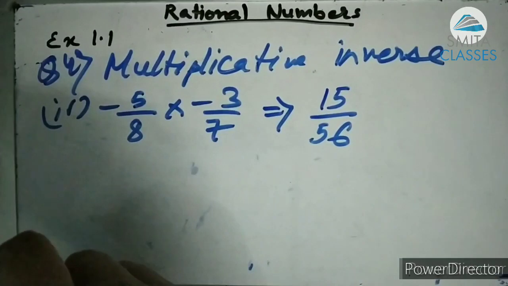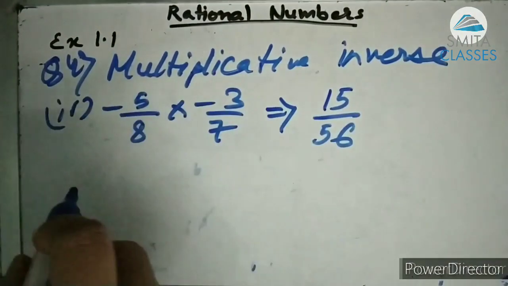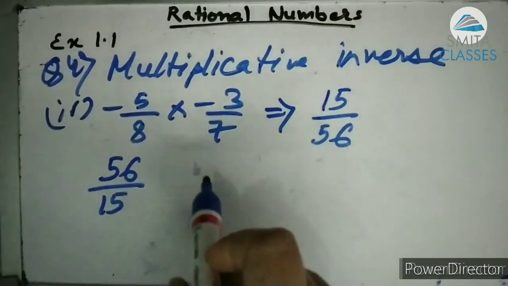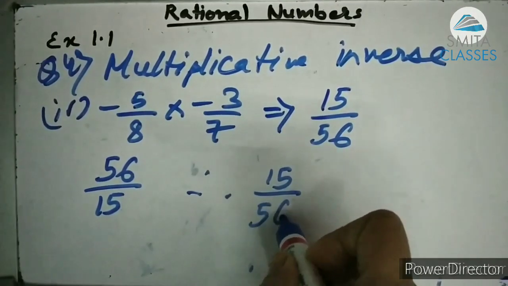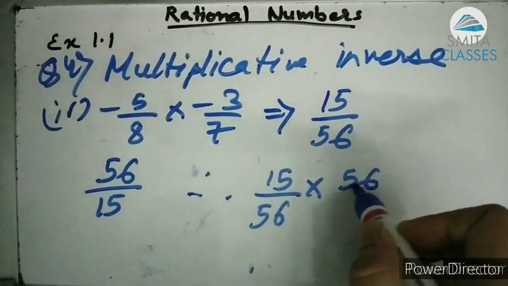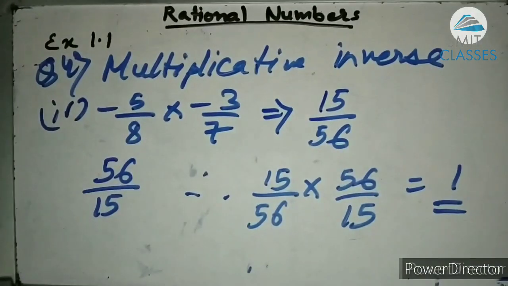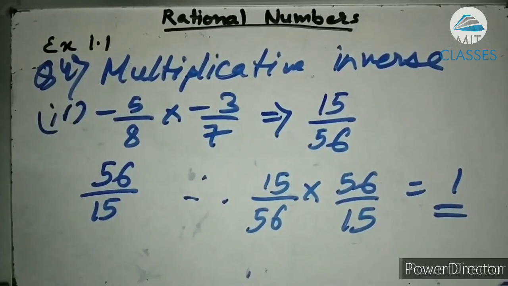The answer is 15 by 56 and its multiplicative inverse will be 56 by 15. Why? Because if we multiply a number with its multiplicative inverse, we should get the number 1. So its multiplicative inverse is 56 by 15.